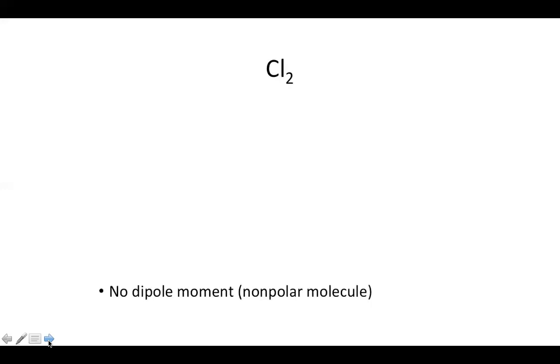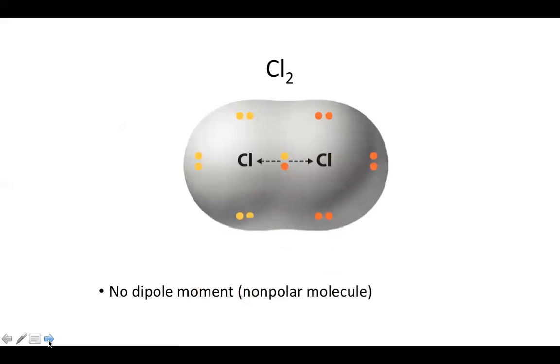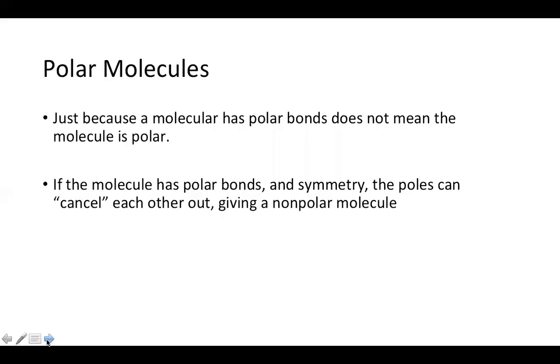All right, so here's a picture of a diatomic, and it's showing that there's no net dipole moment. This is a nonpolar molecule because the electrons are going to be shared equally, since this chlorine has the same electronegativity value as the right chlorine. So there's an equal sharing there. Now, just because the bonds are polar doesn't mean the entire molecule itself is polar.